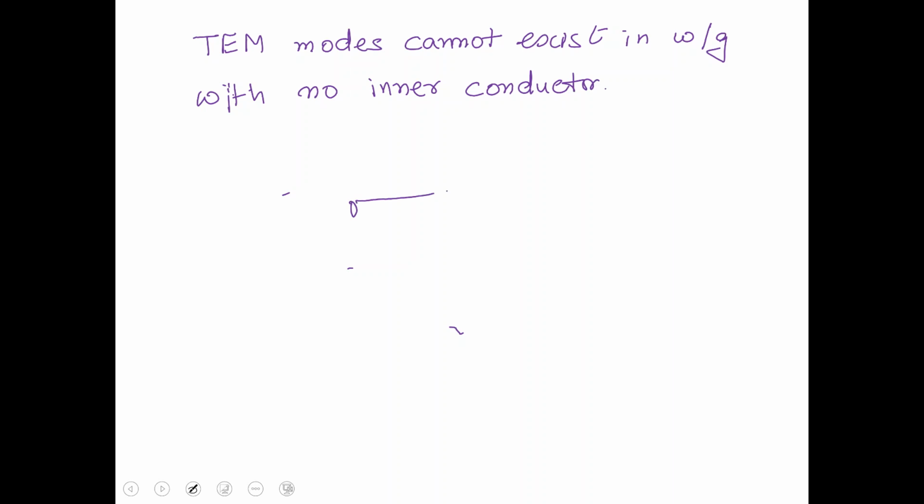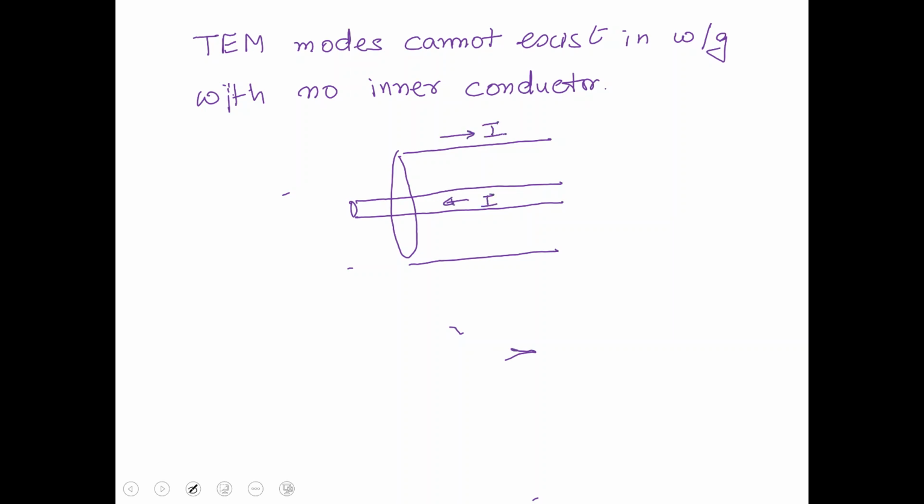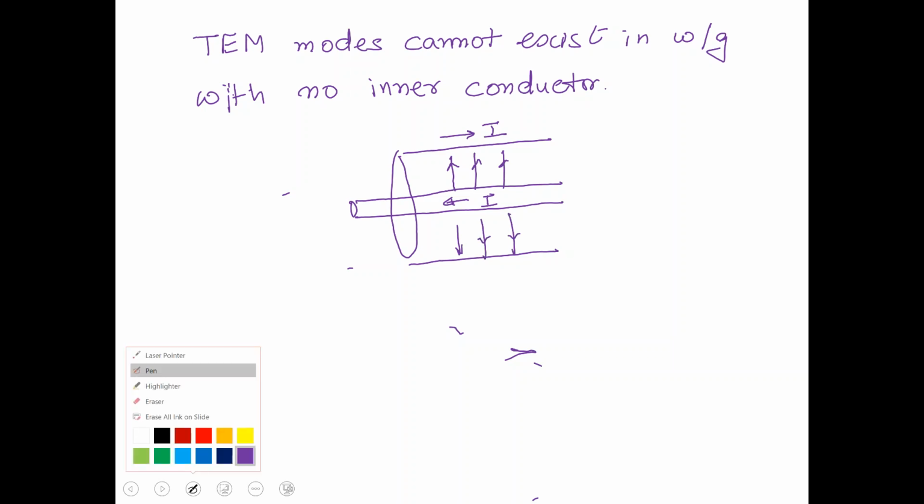If you look at your coax cable, this was the transmission line analogy you had done before. You had done it probably with circuit theory, but in reality, in a transmission line, you have an inner conductor carrying current in one direction, and you have an outer conductor carrying current in the other direction. What do you get? You effectively get an electric field which is pointing from the inner conductor to the outer conductor, depending on where it is in Z. It could be up or down direction.